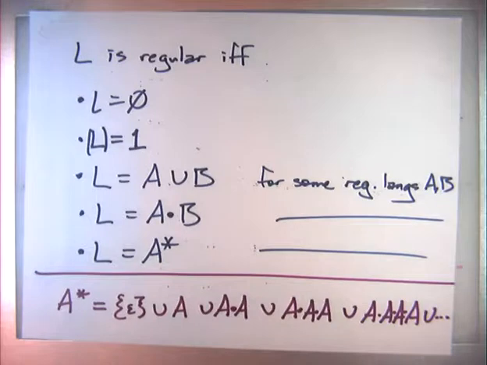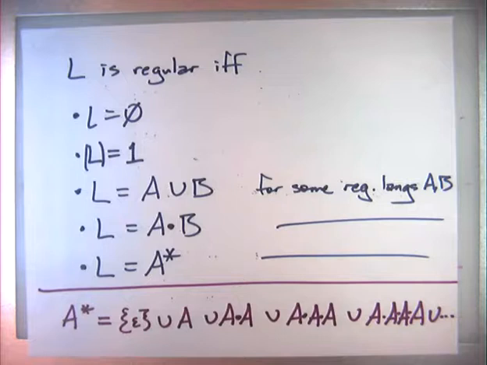Okay? So you can build up, from rule 3 here, unions of 3 regular languages, and 4 regular languages, and 17 regular languages, and 374 regular languages. But you can build up unions of n regular languages for any integer n.